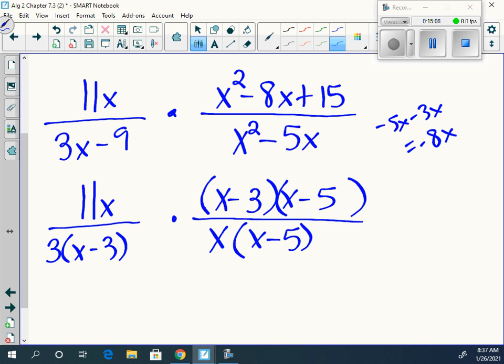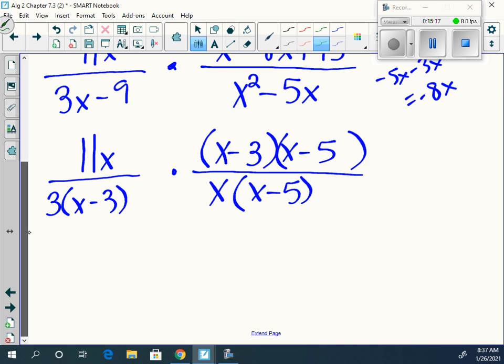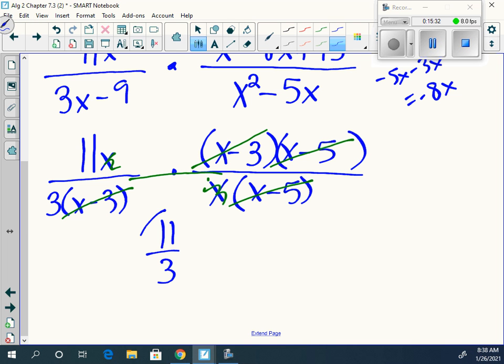I thought about skipping over this one because it works out that almost everything simplifies. Because if we start simplifying, connect those together, yep, and we get rid of the x's, x minus 3, x minus 5, x minus 5, well, that leaves us with... Now, it could also work out that we get 1.